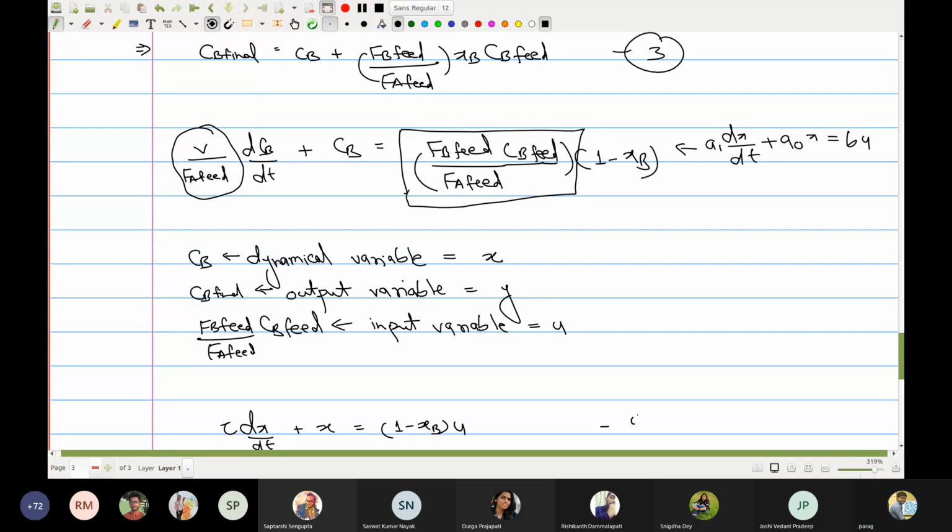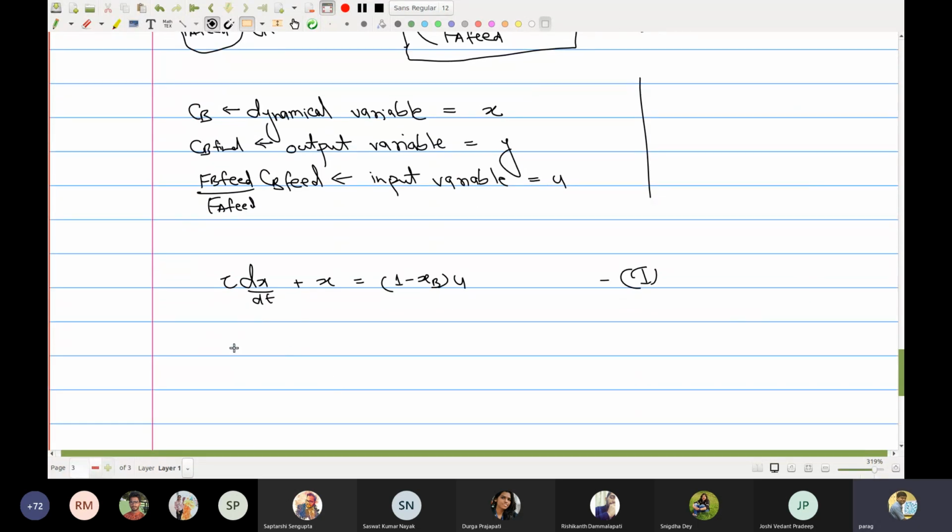This is my first equation for the dynamical analysis. Secondly, CB final is y equals CB is x plus CB feed, FB feed by FA feed, XB times u, right? So this will now become this.